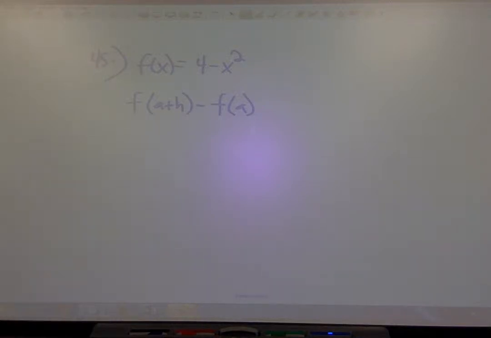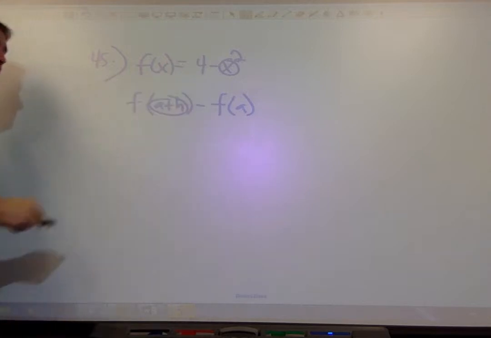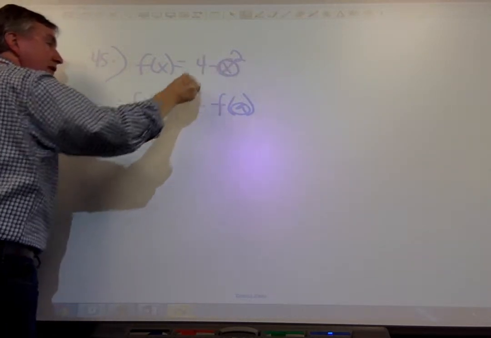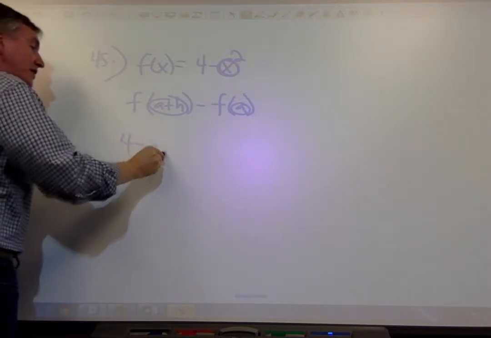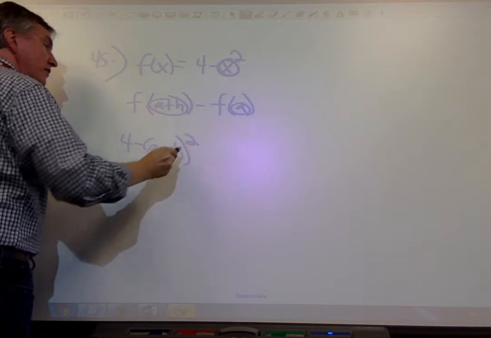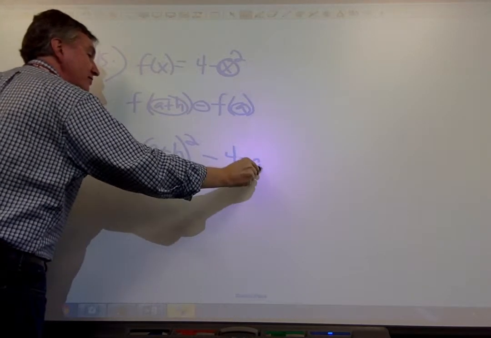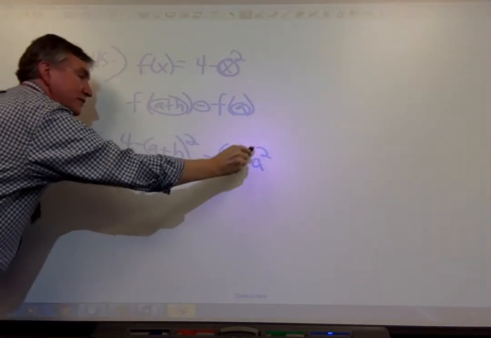Okay. So that just means take this function and plug this here and work it out. And then plug a here and subtract them. So I'll say 4 minus (a plus h) squared minus (4 minus a squared). And I'll have to put this in parentheses.